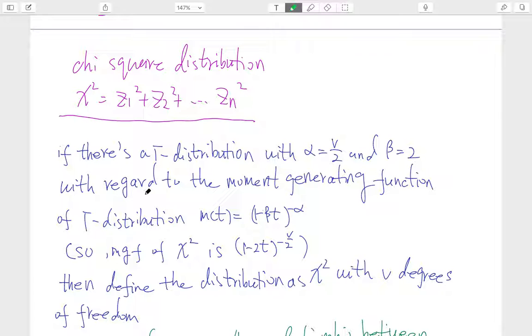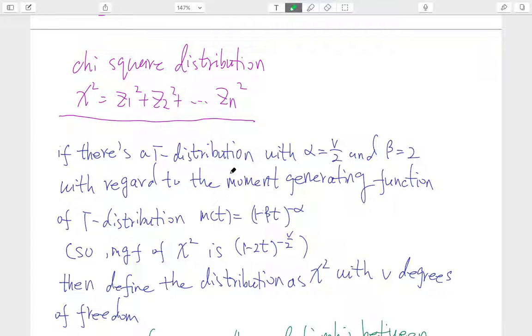And we should apply the uniqueness of moment generating function in order to prove such a statement. Before that, let me just briefly go through the definition of chi-square distribution. So basically, if there is a gamma distribution, I think I have a video talking about gamma distribution and its moment generating function.